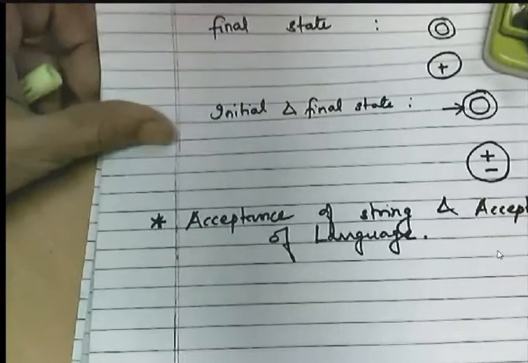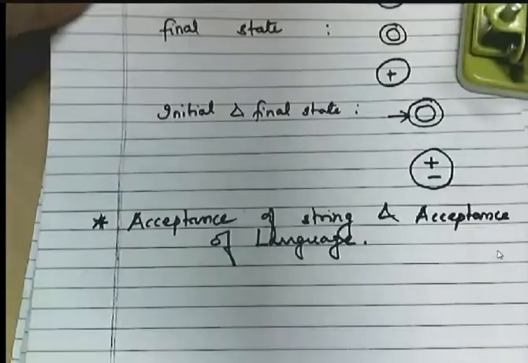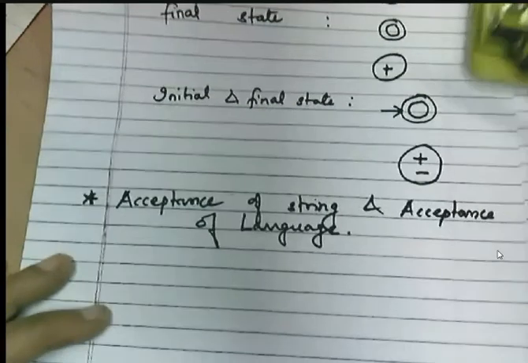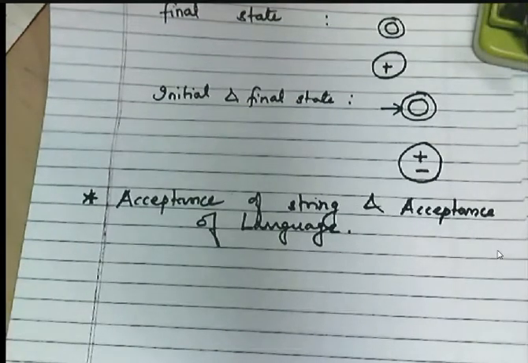One thing is clear: whenever we have any finite automata, it is designed for generating or accepting some language. So whether a given finite automata is accepting a particular language or a particular string or not, how will we show it?